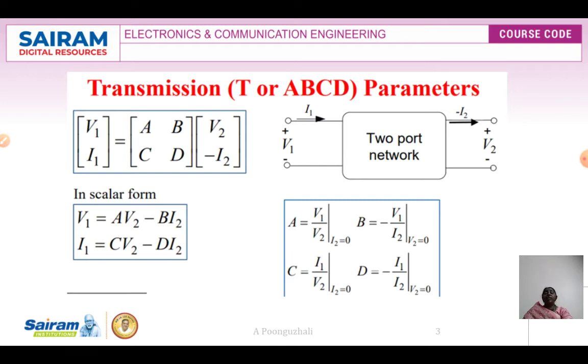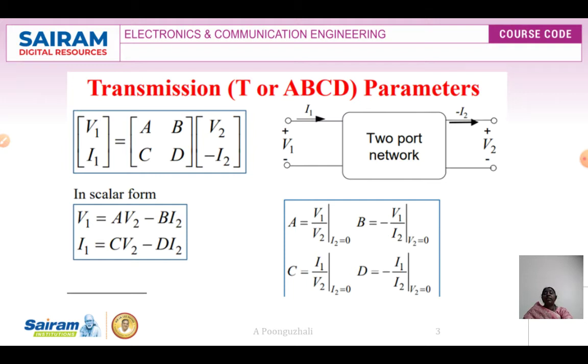Similarly, for B, V2 is 0, which means short circuit. V by I is impedance, input divided by output, so we call it the short circuit reverse transfer impedance.